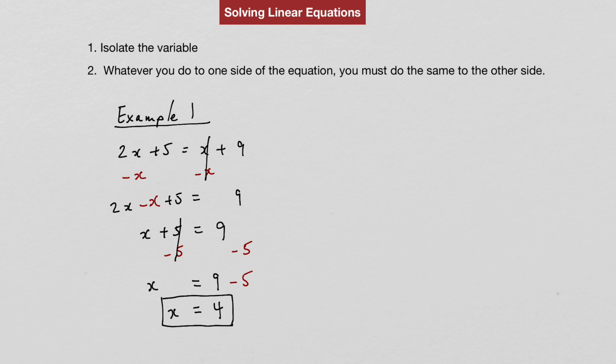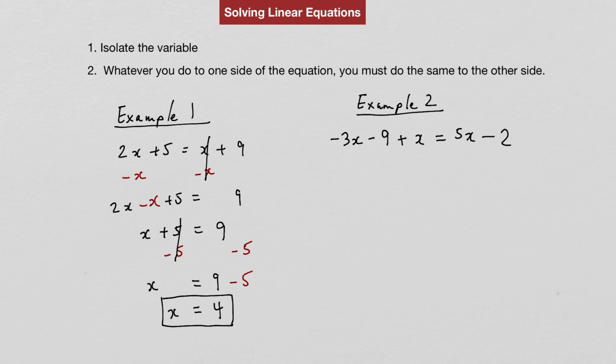Let's move on to example 2. In this example, we have 5 terms: a negative 3x, a negative 9, an x, a 5x, and a negative 2. Same as example 1, we're going to want to combine like terms.